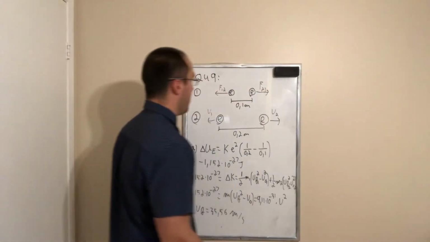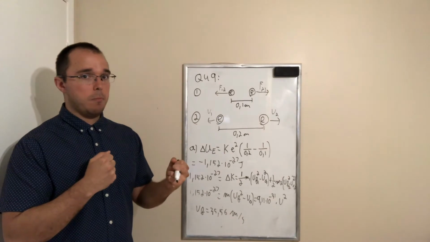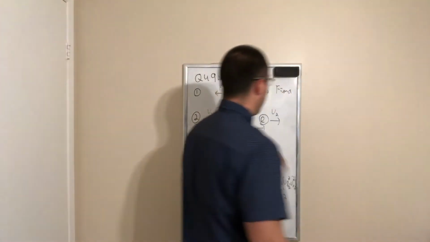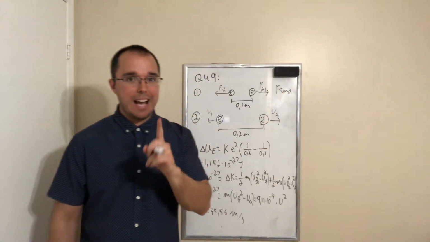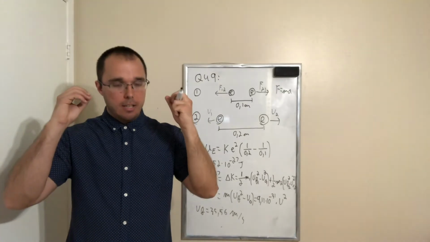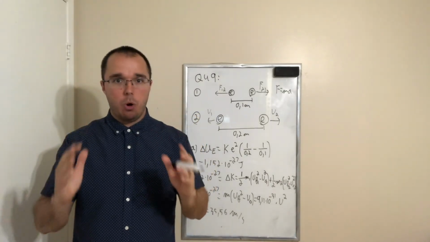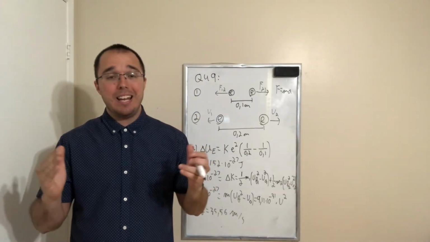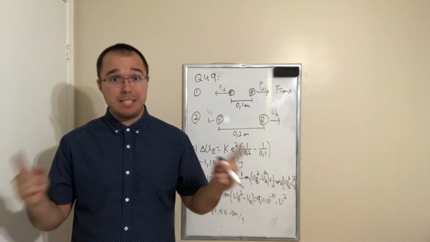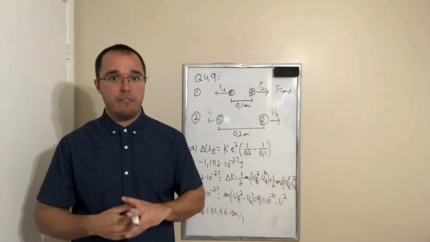So both of them will have the same force on them. Well, force is equal to ma. They both share the exact same mass. Because they both share the exact same mass, and because both forces on them are equal at all times, that means they have to have the exact same velocity at all times, since they started at the exact same velocity.